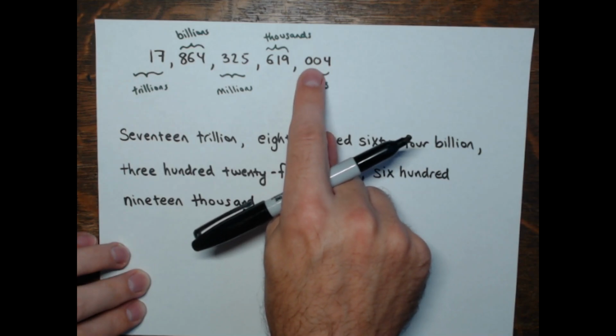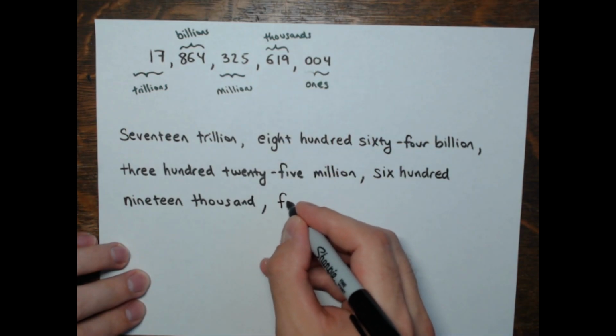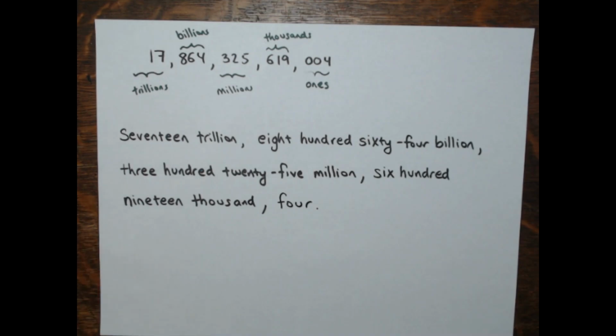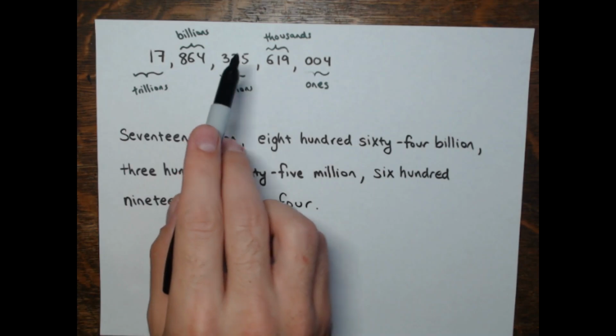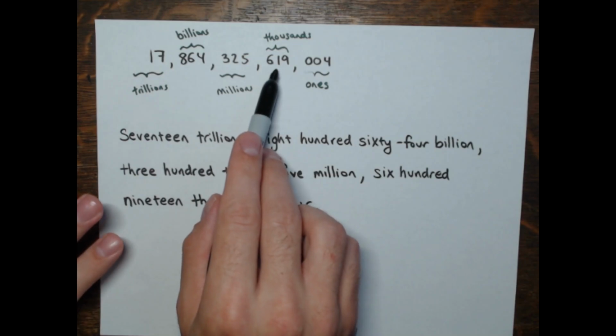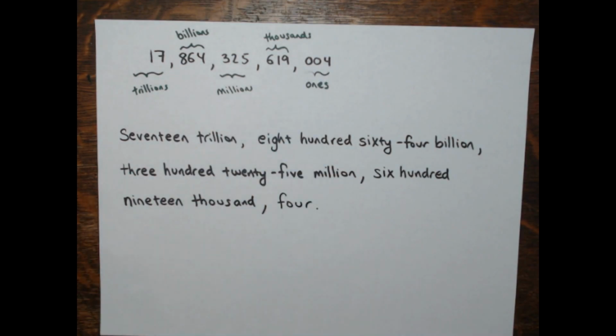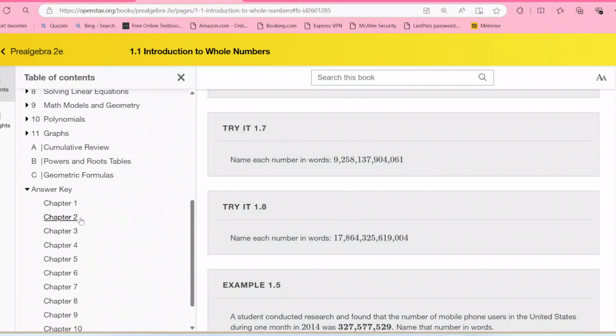So this is all just 4 at the end. And again, you don't write "ones." So 17 trillion, 864 billion, 325 million, 619,004. All right, let's compare that to their result.